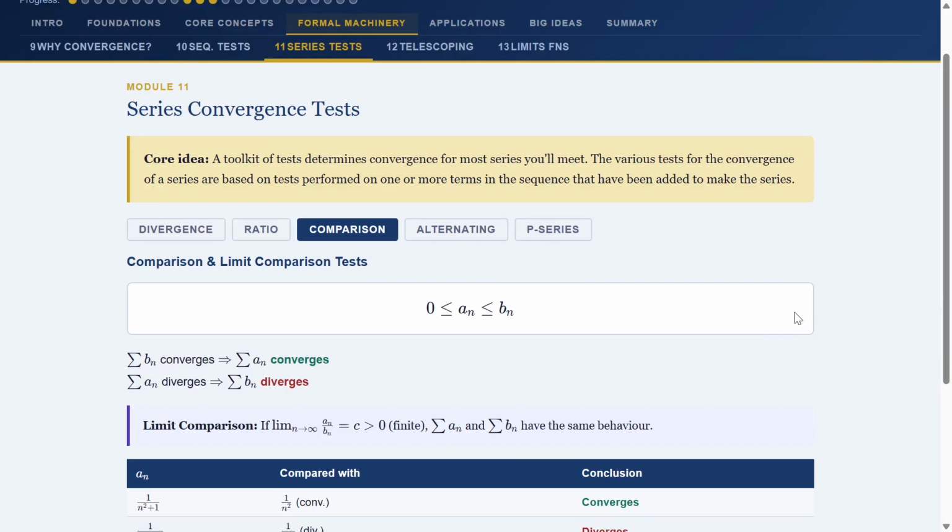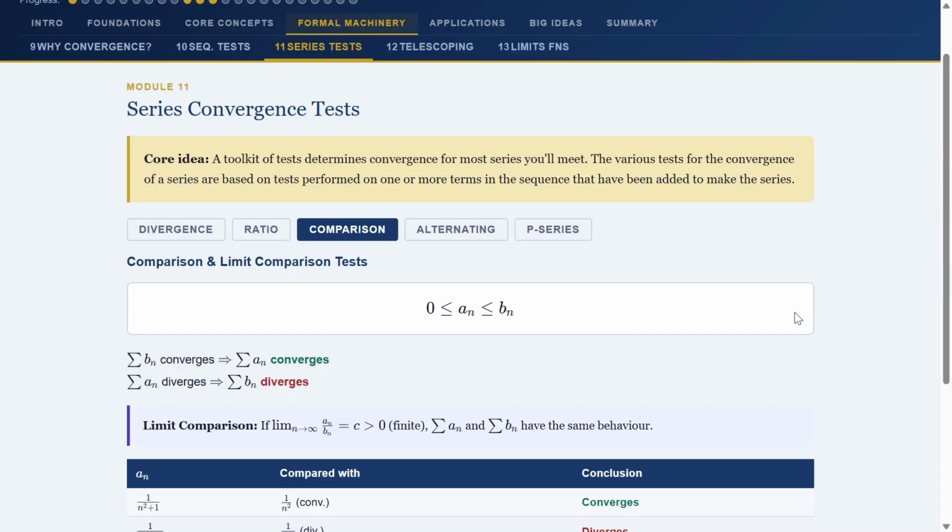The next is in some ways an obvious test. If we have two series where we can pair up terms in the series, the sequence terms, and we can show that terms in the series that we're interested in, A, are all between the terms in another series, B, and we know that B converges, then we know that when we add the terms together, the series A will converge.